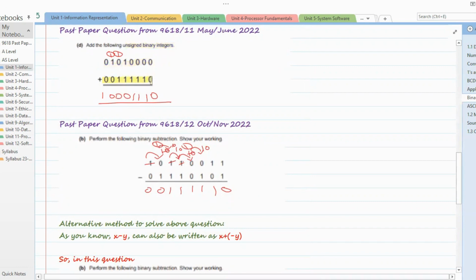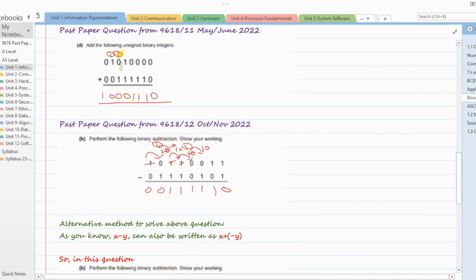So 0 plus 0 is 0. 0 plus 1 is 1. 0 plus 1 again is 1. 0 plus 1 again it is 1. Now 1 plus 1 is 1, 0, where 1 is a carry. So I am writing carry bit here and 0 I am writing here.